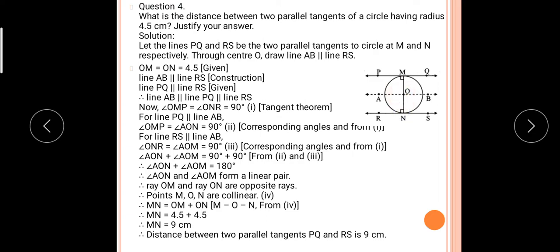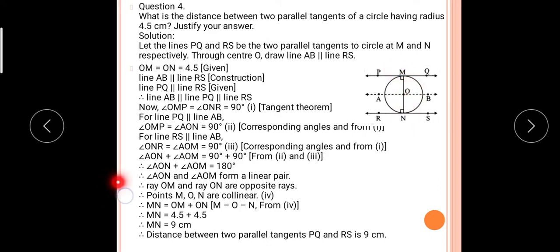Therefore angle AON plus angle AOM is equal to 180 degrees, a linear pair. Therefore ray OM and ray ON are opposite rays. They are collinear.